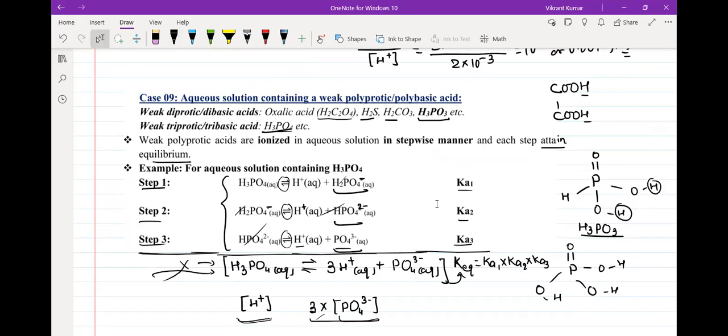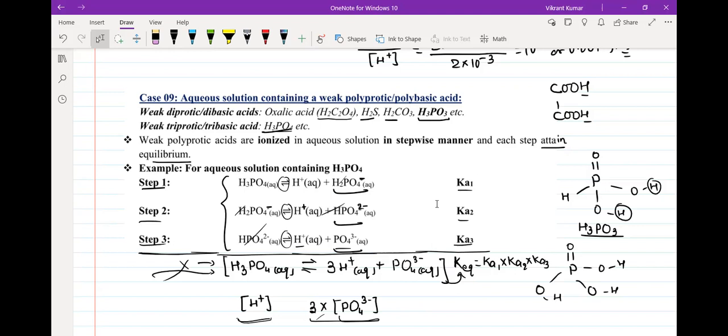Only a part of HPO4 2 minus is producing H plus and PO4 3 minus. Is it okay? It's like मान लो 0.1 मोल जो है ना वो आयनाइज हुआ, उसका लाइक 20% ही फिर से आयनाइज हुआ, बट फिर से H प्लस मिला, और फिर उसमें से जो बचा हुआ था दैट इज प्रोड्यूसिंग PO4 3 minus. Is it okay?